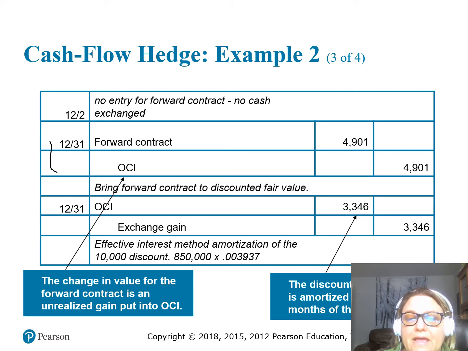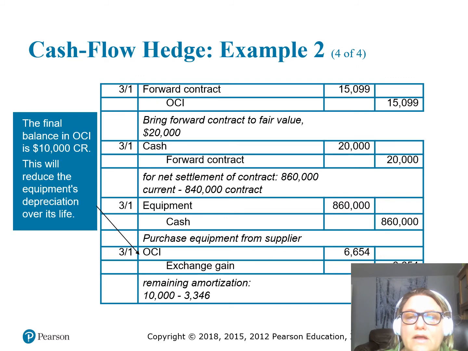Then, at the end of the year, you're going to take that figure that you pulled out for amortization, the effective interest amount, and multiply it out to get this on other comprehensive income. All right, so there's a lot of things going on.